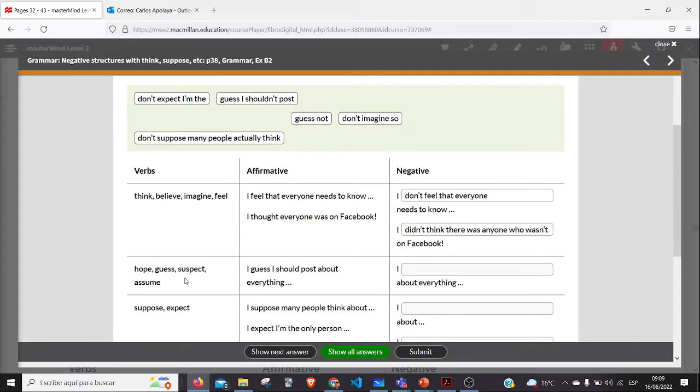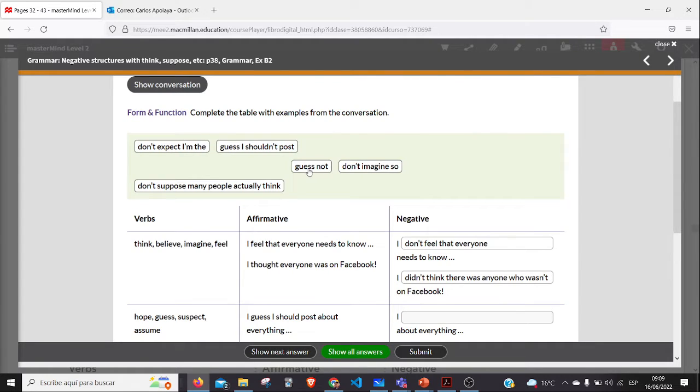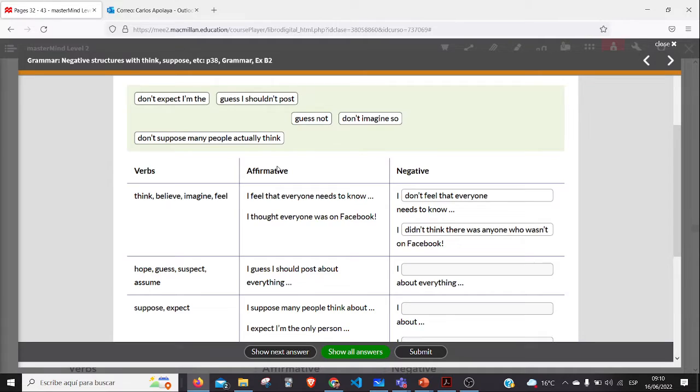Hope, guess, expect, assume. I guess I should post about everything. I guess not about everything. Or I guess I shouldn't post. Which one? I guess I shouldn't post.